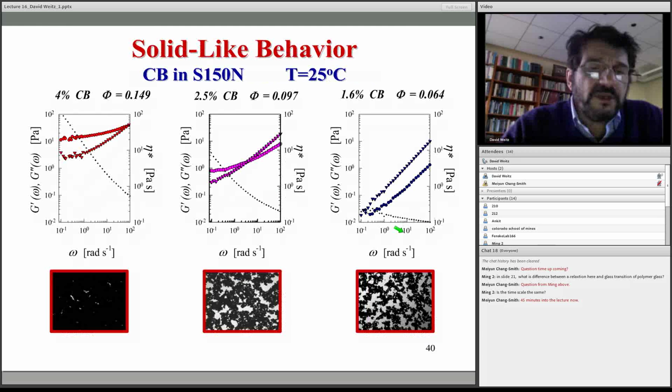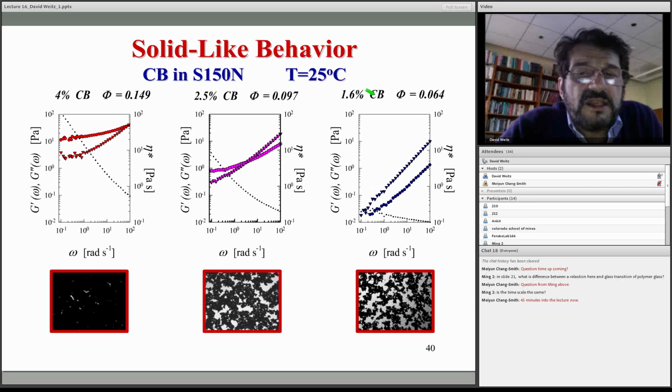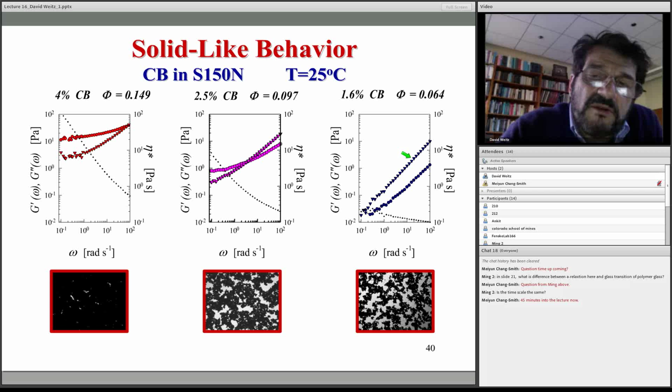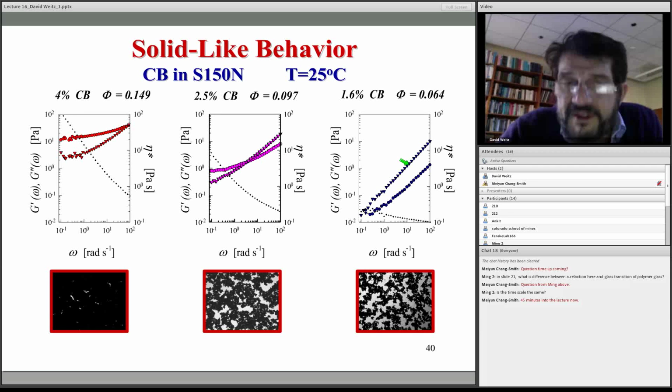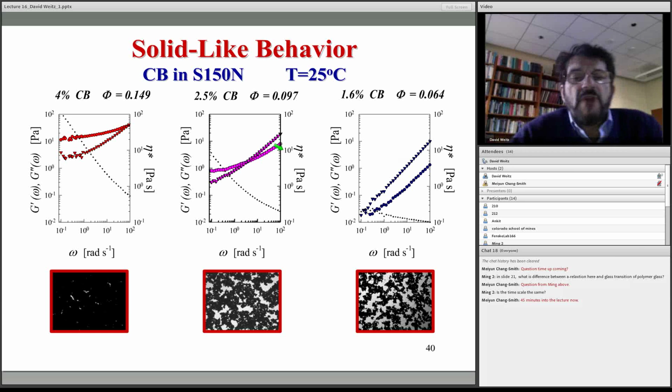However, if you increase the volume fraction, now we've gone from 0.04% to 0.06%, 8%, or 10%, 15%, and now you see qualitatively different behavior. This is closer to what you see at the low volume fractions, where you have predominantly the viscous contribution, and here's the elastic contribution, at lower frequencies.